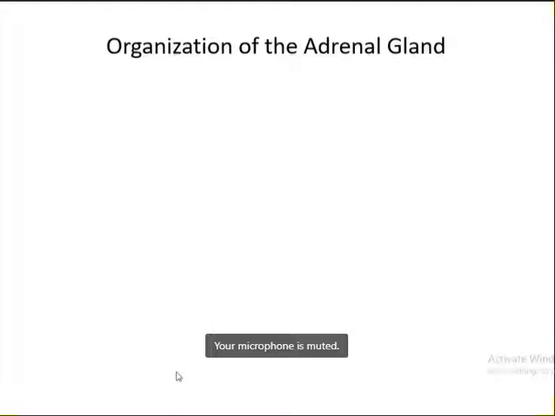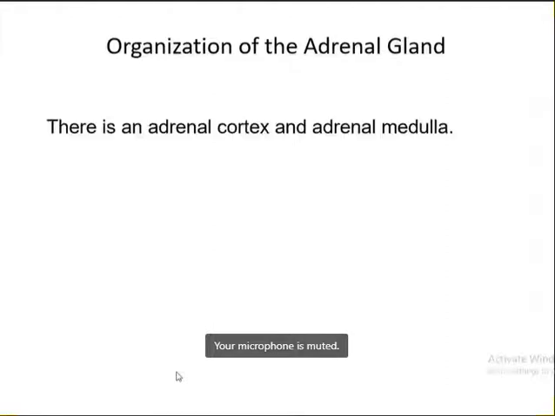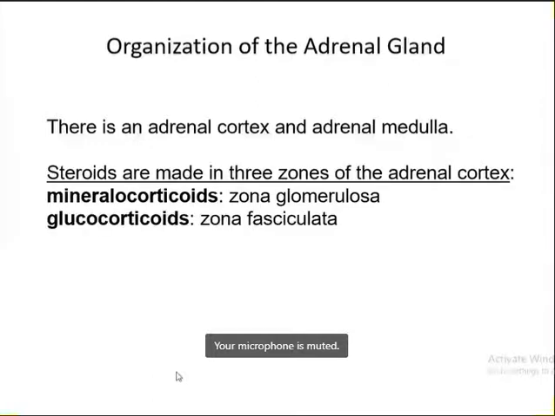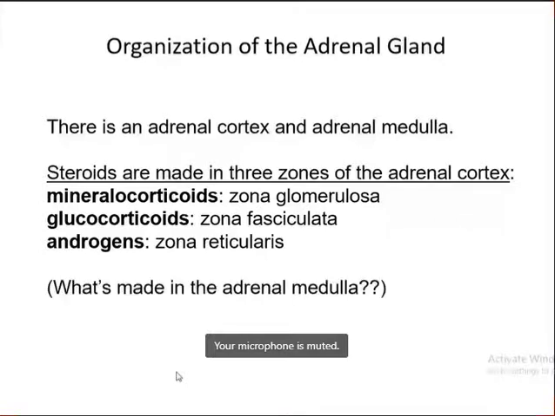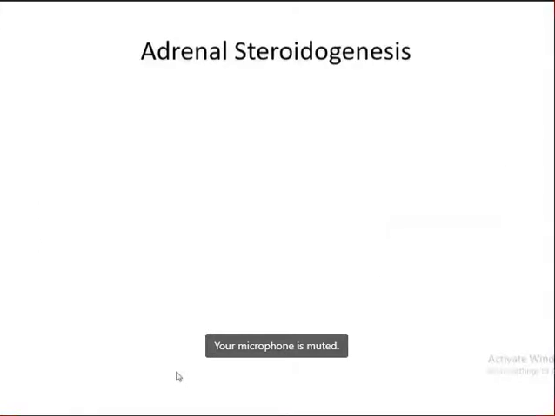Steroids are made in three zones of the adrenal cortex. Mineralocorticoids are made in zona glomerulosa, glucocorticoids in zona fasciculata, whereas androgens are made in zona reticularis. And what is made in the adrenal medulla? Catecholamines. Now, adrenal steroidogenesis.